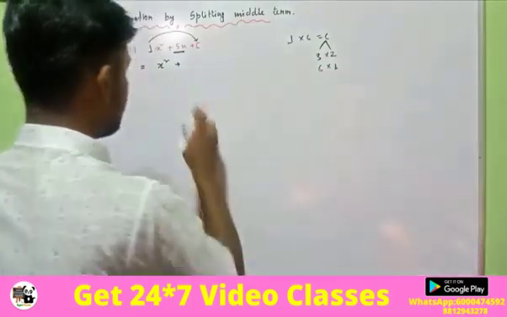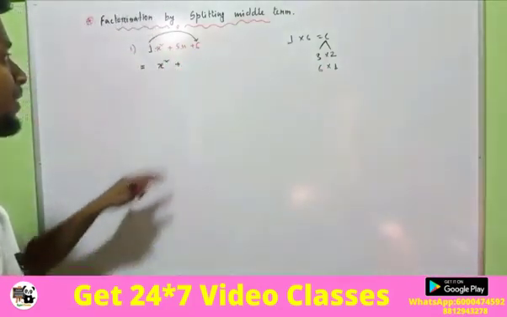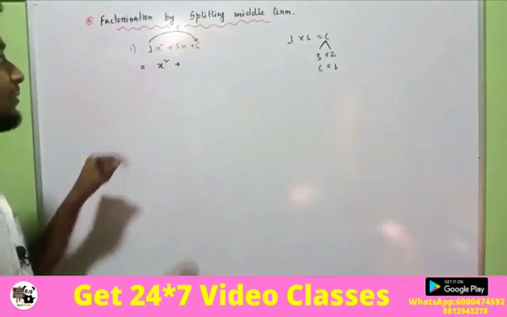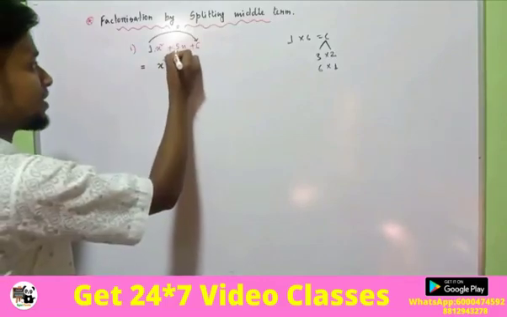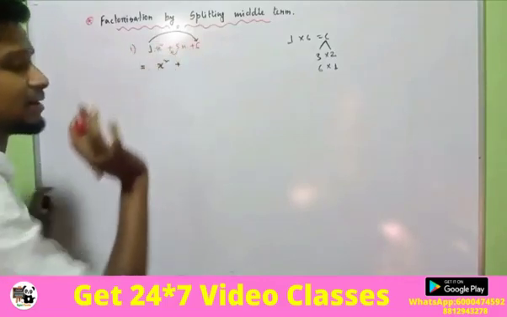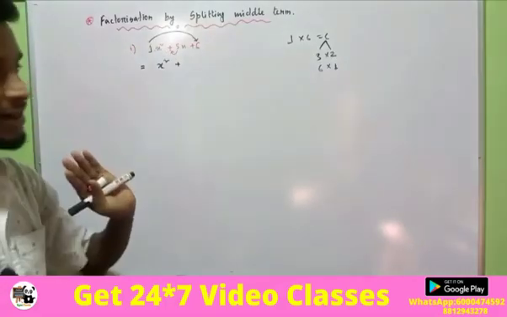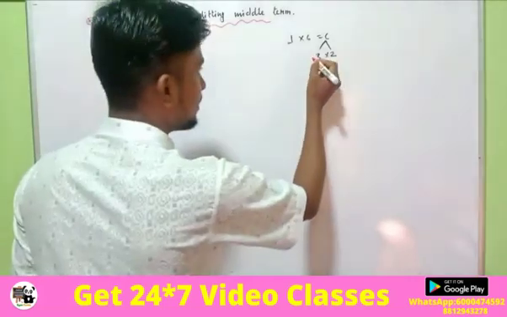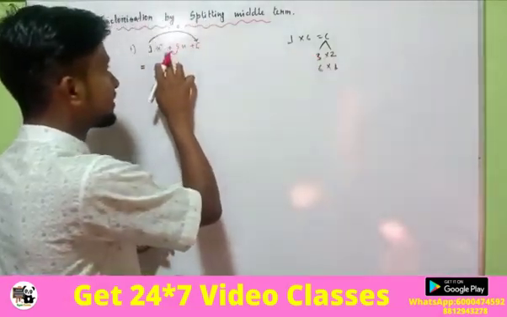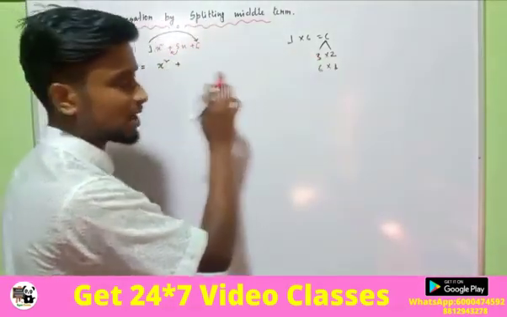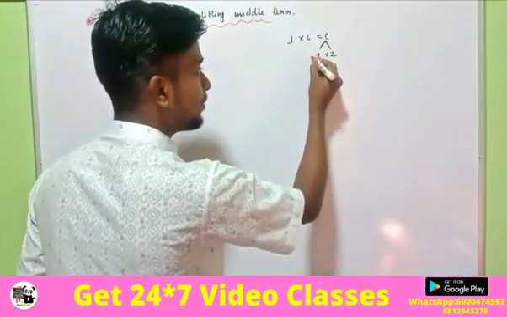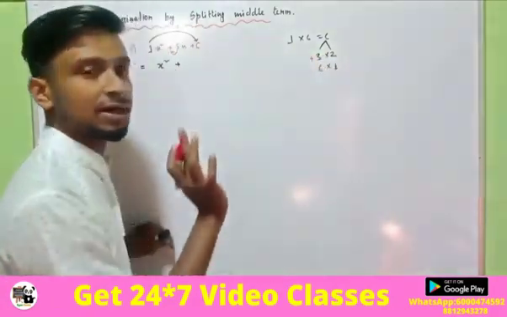Always remember one thing, always observe the sign before the middle term. Here we have a plus sign, right? If the sign before the middle term is plus, then you have to put a plus sign before the bigger number.